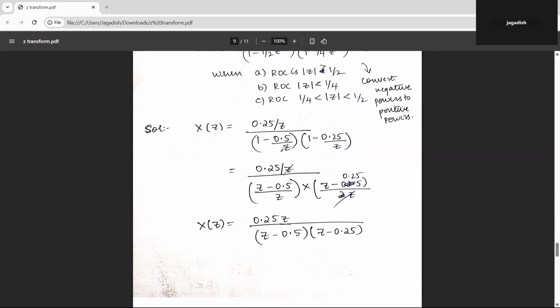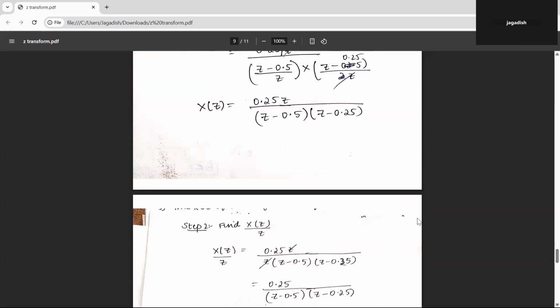Next I take the LCM, and 0.25 divided by Z into Z minus 0.5 divided by Z into Z minus 0.25 divided by Z. So one Z and one Z get cancelled, and this Z I bring to the numerator. So it becomes 0.25Z divided by Z minus 0.5 into Z minus 0.25. This is the first step for the partial fraction method. Mostly partial fractions only they will ask in the exam.